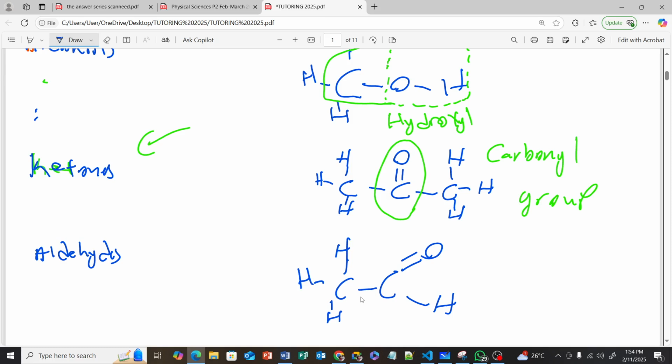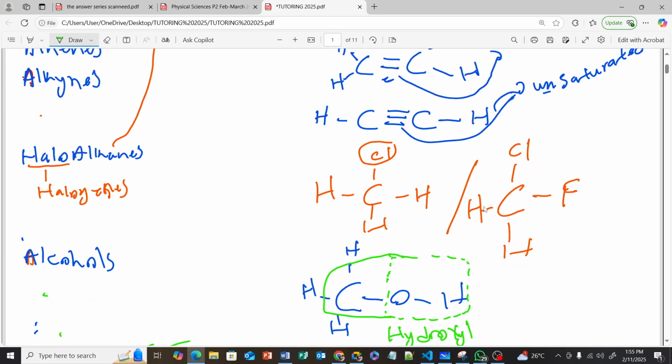The difference is that the functional group is at the end. Here it's in the middle. Here it is at the end. Later on I will teach you about isomers, and why ketones and aldehydes are isomers.